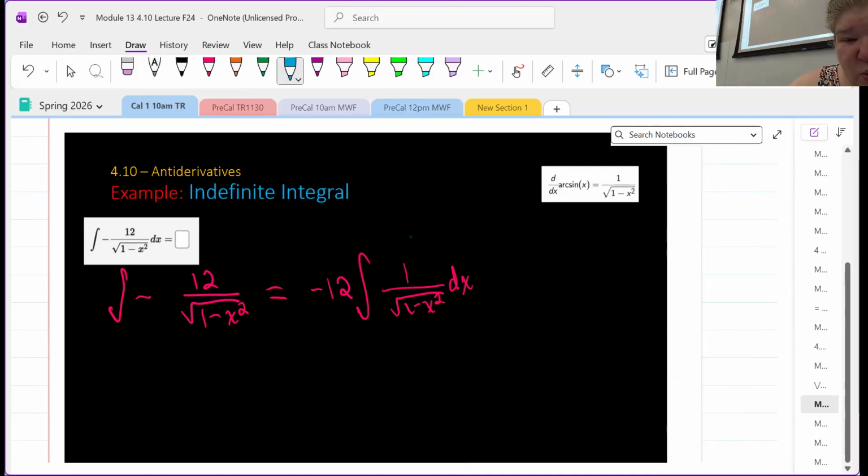Now, this 1 over square root of 1 minus x squared literally matches our arc sine of x. And then anytime we do an integral, we always tack on that plus c.